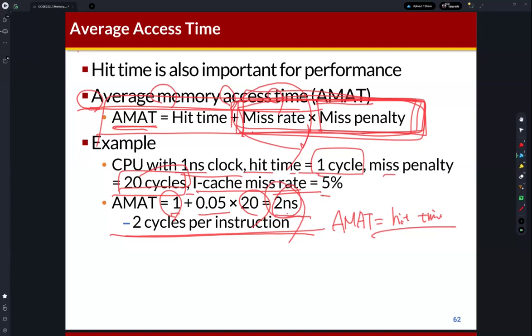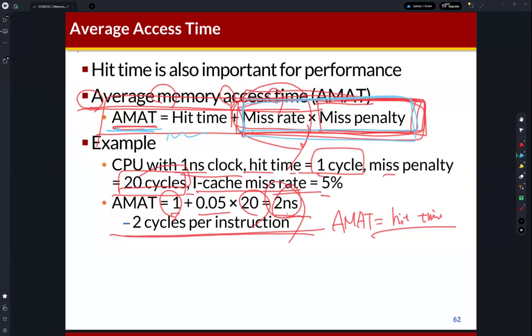In the previous class, we learned that we need to improve the performance of cache hierarchies. So how can we improve the performance of caches? As you can see, this is the equation of the average memory access time, called AMAT. AMAT is composed of hit time plus the miss rate multiplied by miss penalty.